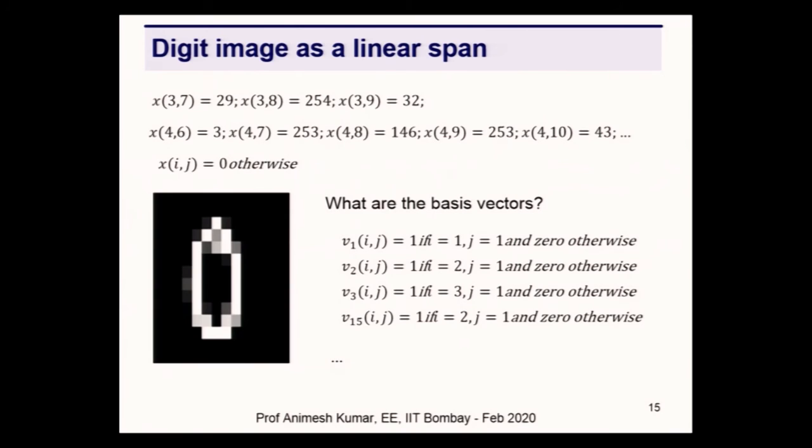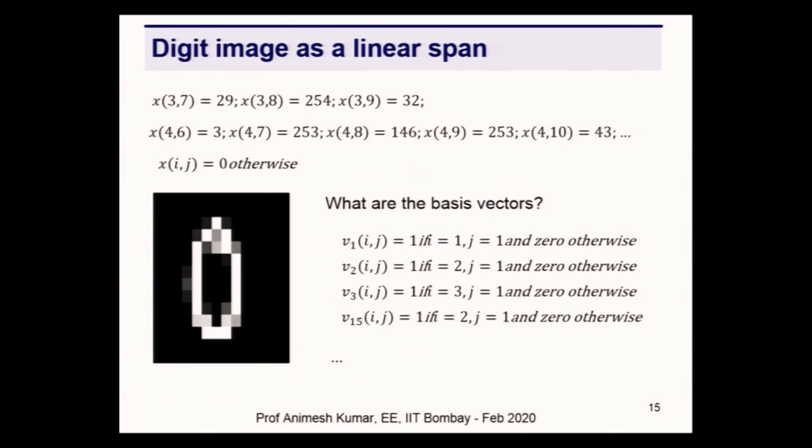The vector V1 is 1 if it is the first row and the first column of the pixel, otherwise it is 0. Similarly, the V2 vector is 1 if it's the second row and the first column, and so on and so on.